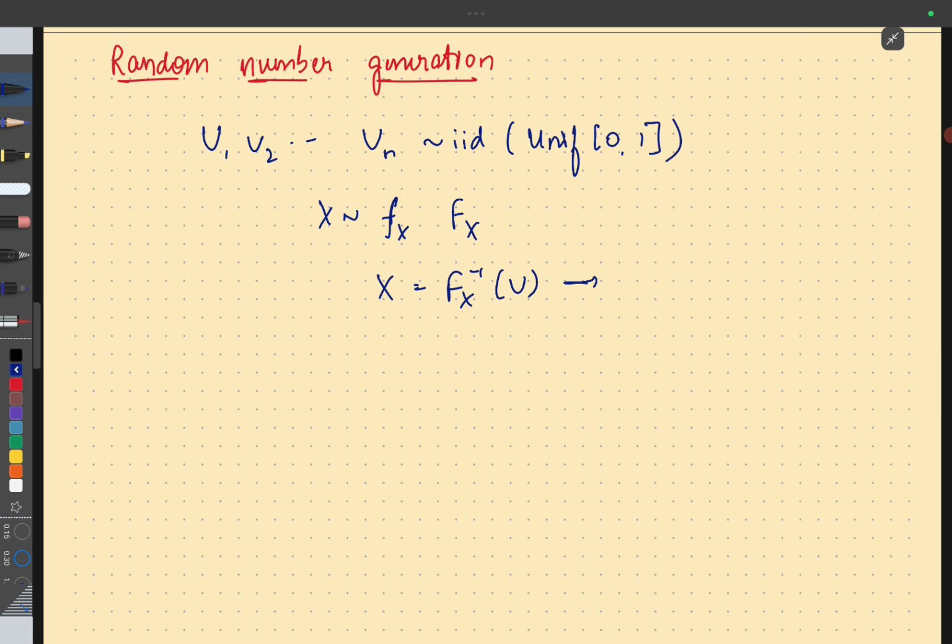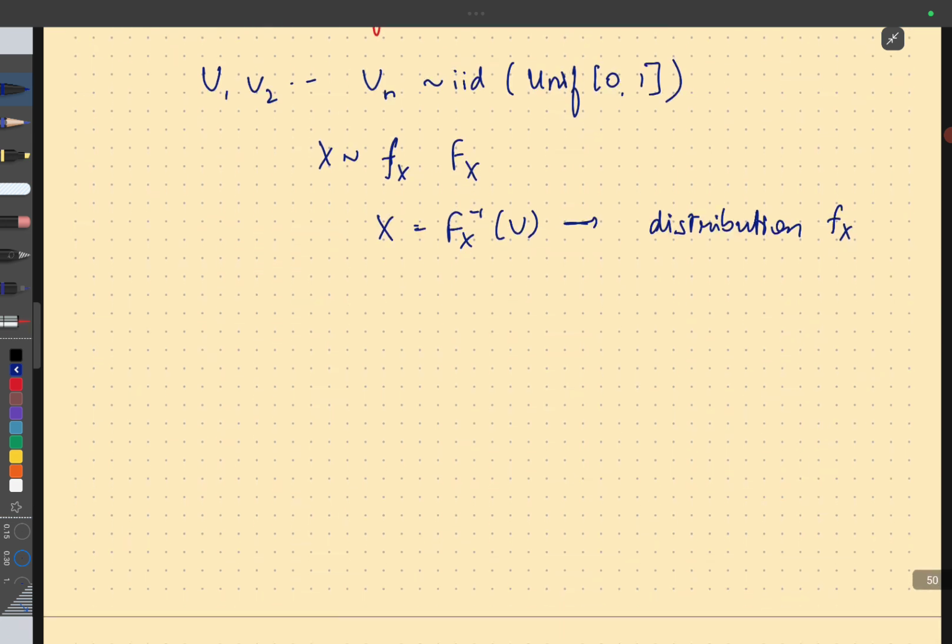So this will have distribution F_X. I'll leave it as an exercise for you to show that this is indeed the case. Okay. So these are standard techniques to generate random numbers according to whatever distribution you want. But firstly, you need to be able to generate uniform random variables. All right. So how do you do that?